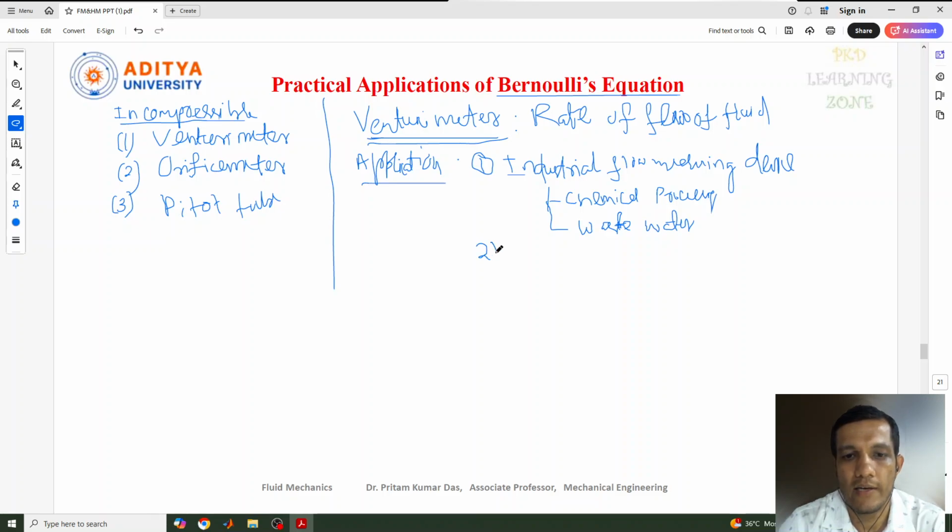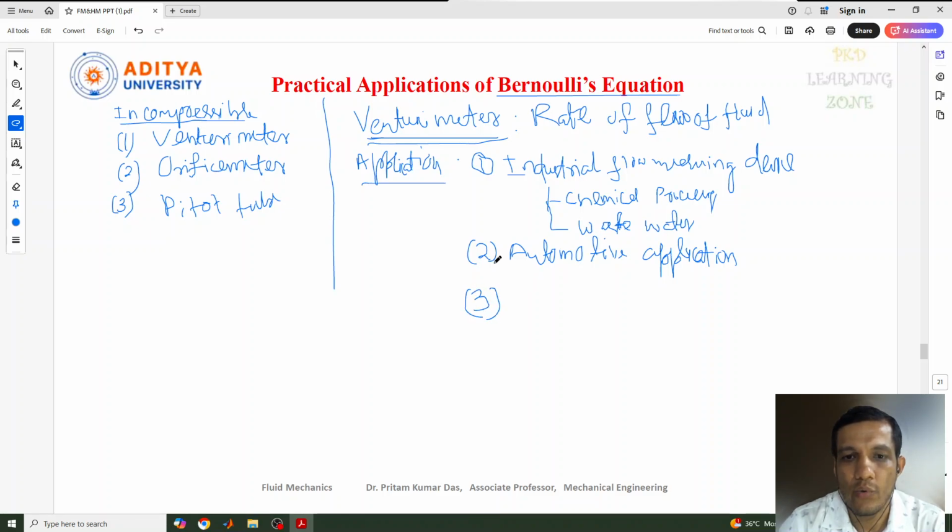Now the second one, we can use in automotive applications. In automotive applications, where the fuel flows, it is considered as a carburetor. You can use this in the engine carburetor.